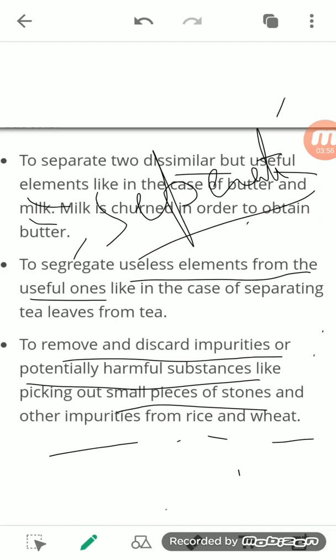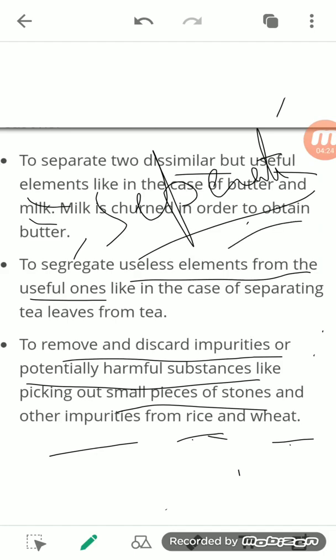You see that these are harmful substances, or not useful substances, like stone or other components present in the rice and the wheat. What we do is we segregate, we pick out the stone from the wheat and the rice. Okay, and these stones are harmful for us. They are not useful, but they are a harmful component.